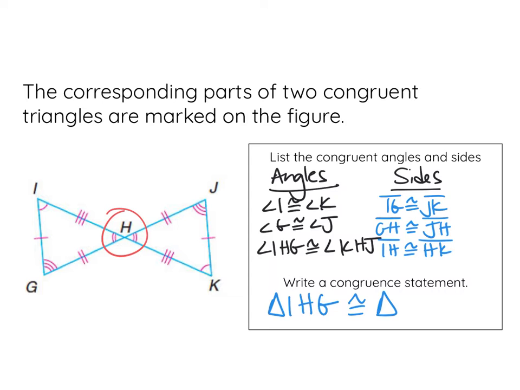So we said angle I is congruent to angle K. That means K has to go first, right? From I went to H, so I went to the middle. So same thing, I'm going to go K to H and then to J. And if I double check, right, I matches K, G matches J, IH matches KH, everything in that statement checks out.